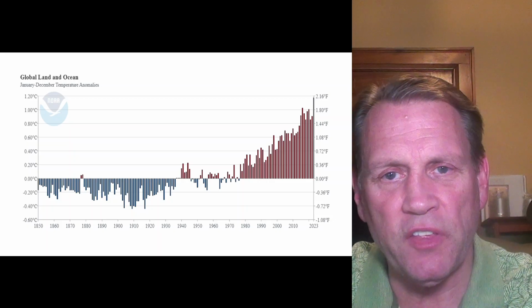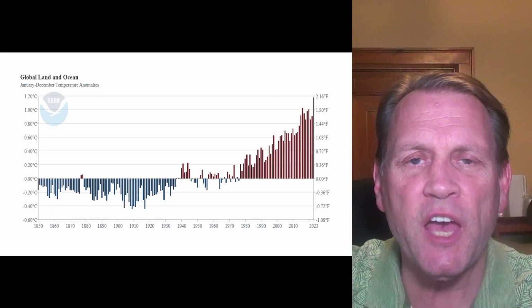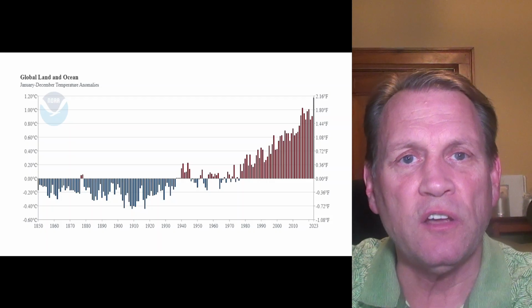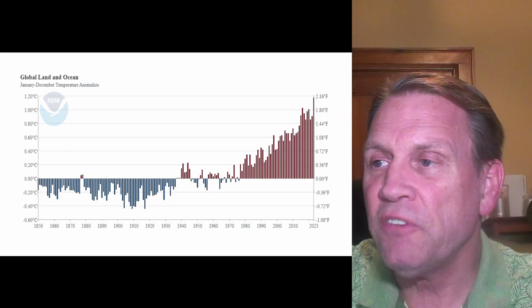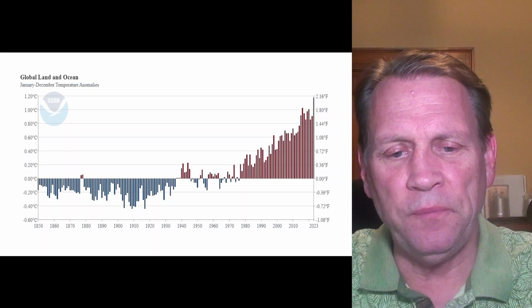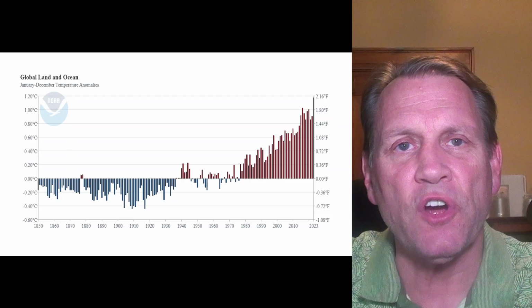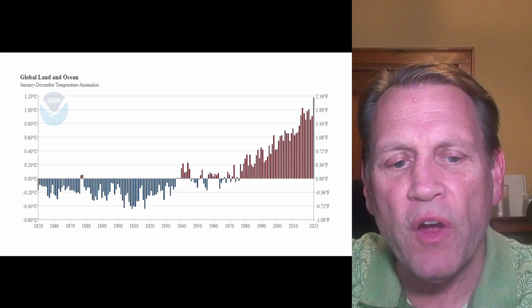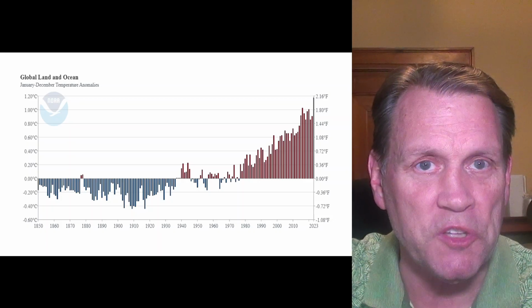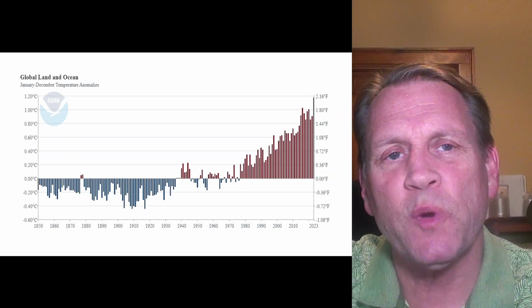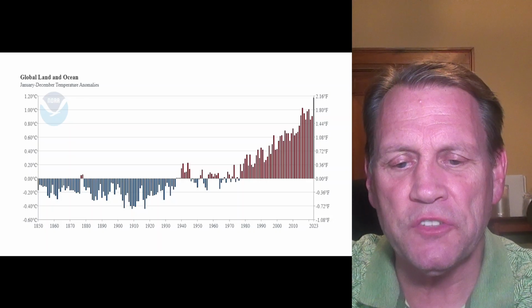So you can look at everything from the melting of the polar ice caps to rising ocean temperatures, and so on. And finally, we should note too that the warming and precipitation changes are altering the geographical ranges of many plant and animal species, including humans, arguably, as well as the timing of their life cycles.